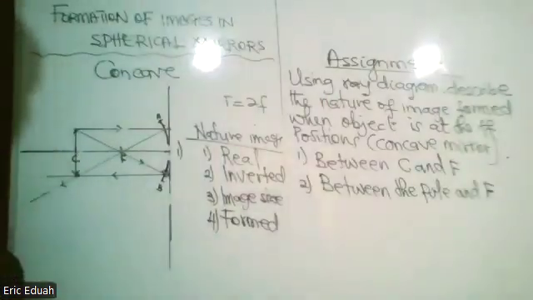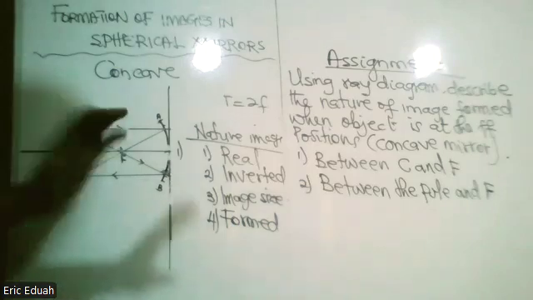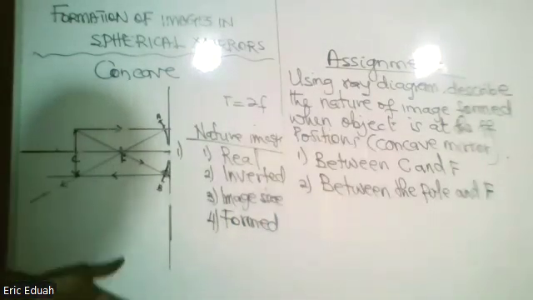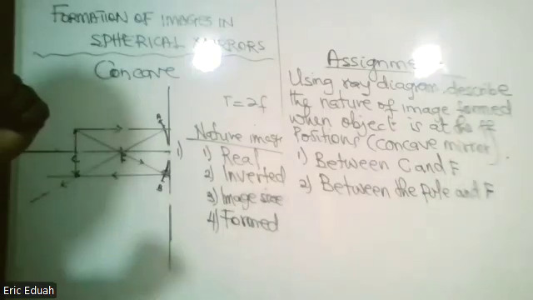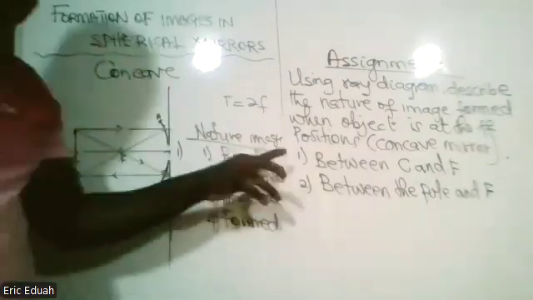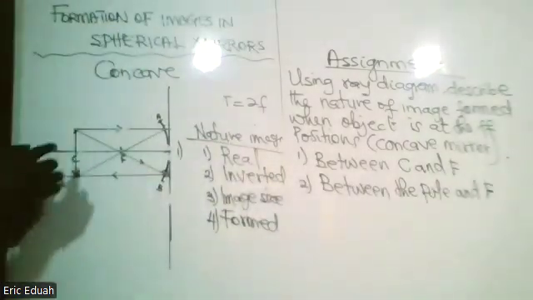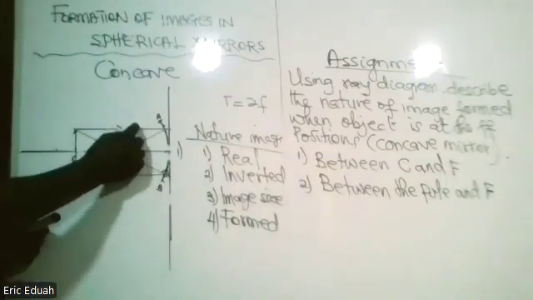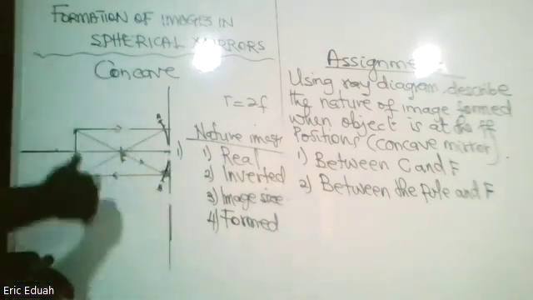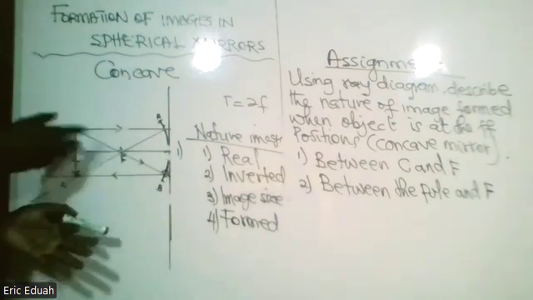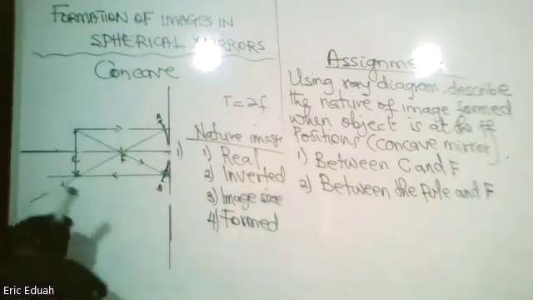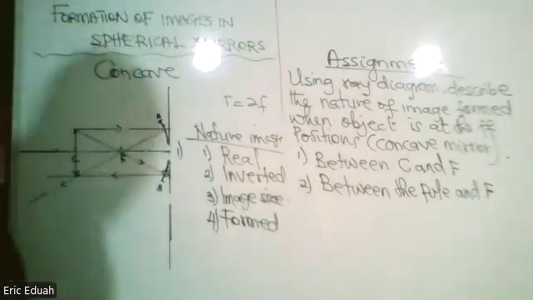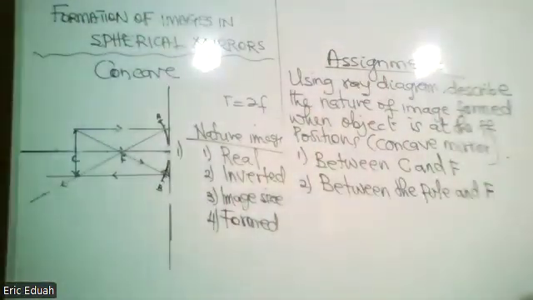So using a ray diagram, describe the nature of the image formed when the object is at the following positions. Between C and F, the object must be here. Between the pole and F, the object must be here. So in each situation, use the ray diagram and the rules as I've done, then describe the nature of the image that will be formed. This is your assignment.